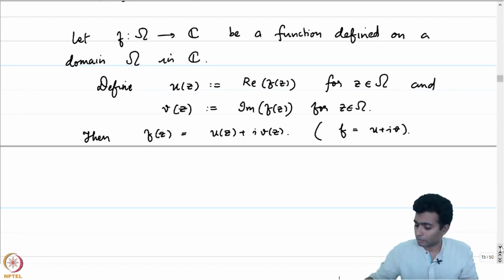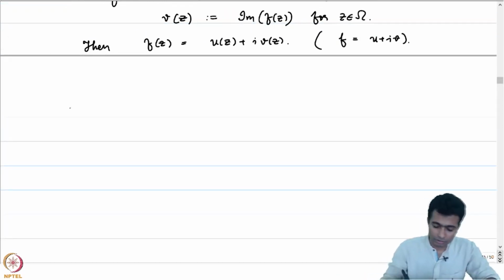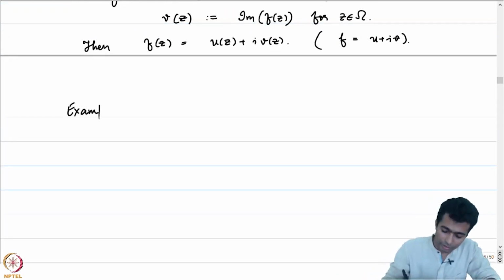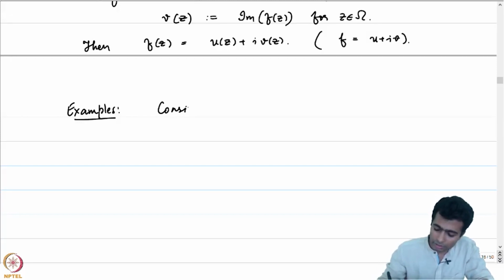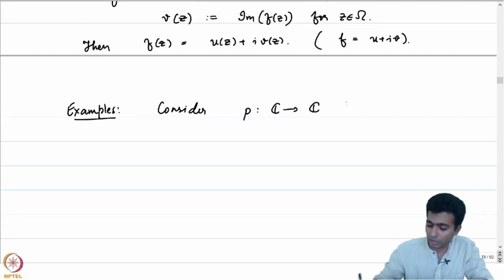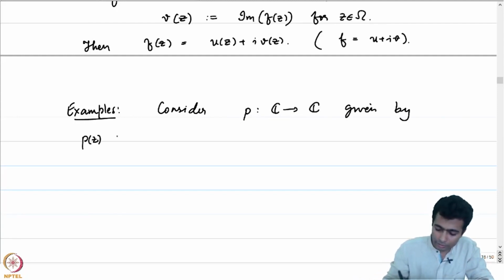Let's look at some very basic examples, because we are going to study all types of such examples, but let's look at the polynomials as the first example. Consider P from C to C given by P of z is equal to a0 plus a1z plus up to ad z to the power d.